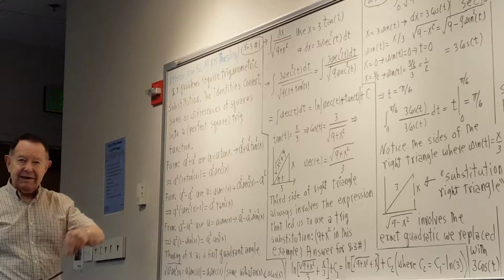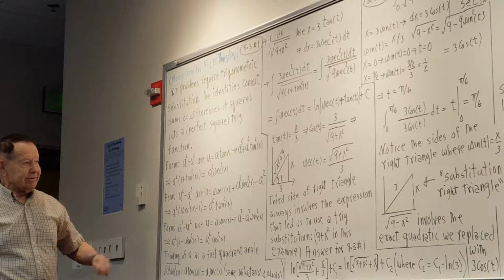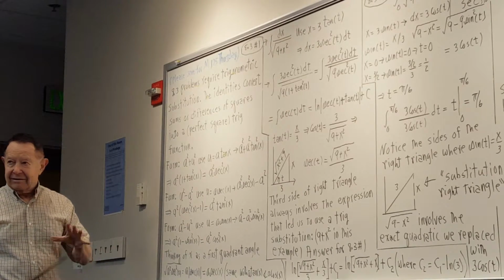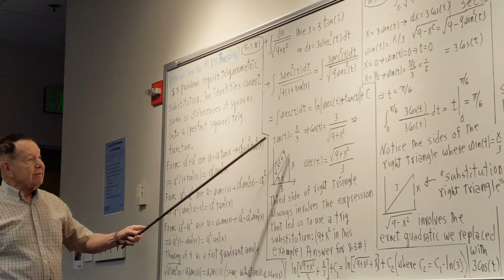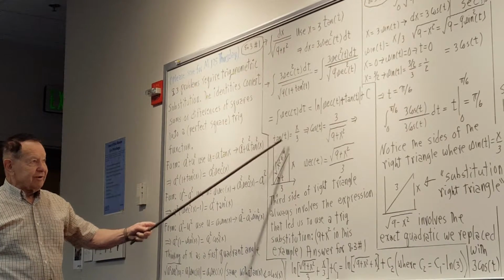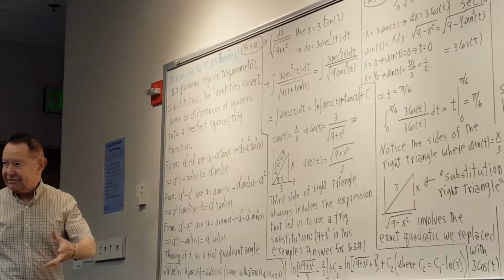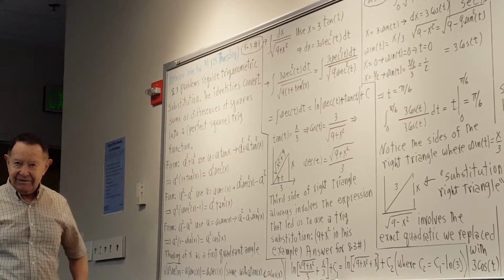When you're going back to the original variable, you use a right triangle drawing, and what comes from your substitution is a trig function equal to a quotient, because they are ratios of two sides of a right triangle.